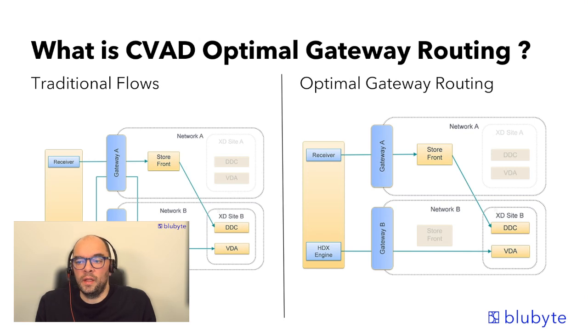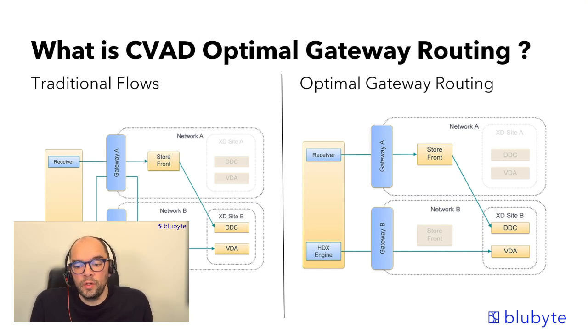As you can see in the drawing on the right, there is a shorter network path from the HDX engine to the VDA because the traffic passes over gateway B. Now, this is mainly introduced as a way to make network connectivity more optimal in a multi-region setup.